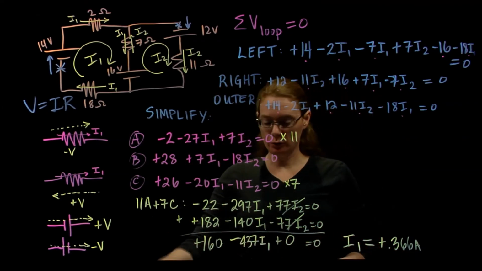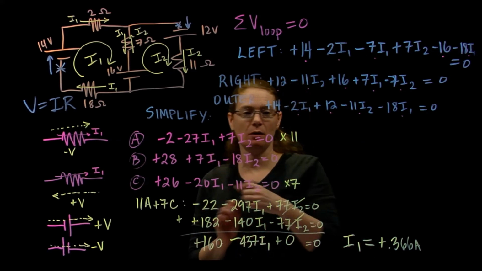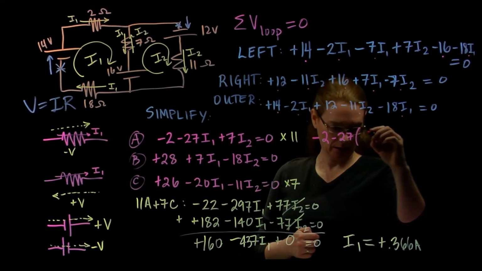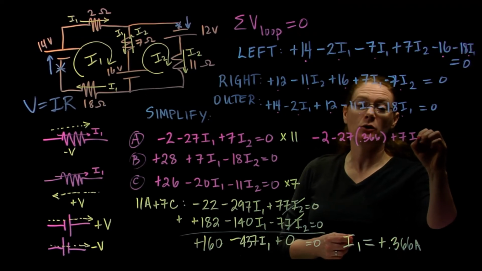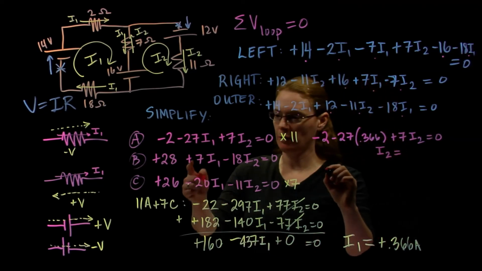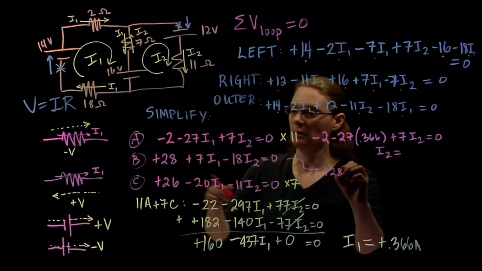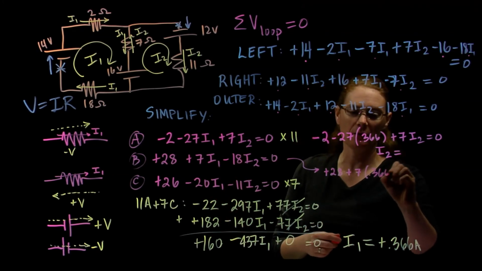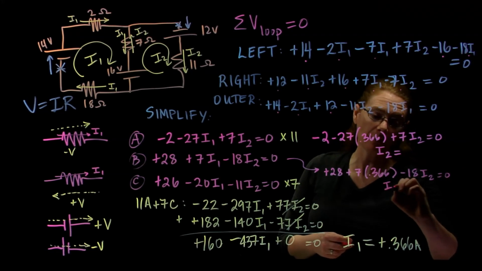So what I'm going to do now is pop in what I know I1 to be to all of these equations. So minus 2 minus 27 times 0.366 plus 7I2 equals 0. I can solve that for I2. I'm going to do the same thing here. Plus 28 plus 7 times I1, 0.366, minus 18I2 equals 0, and now I can solve that for I2.